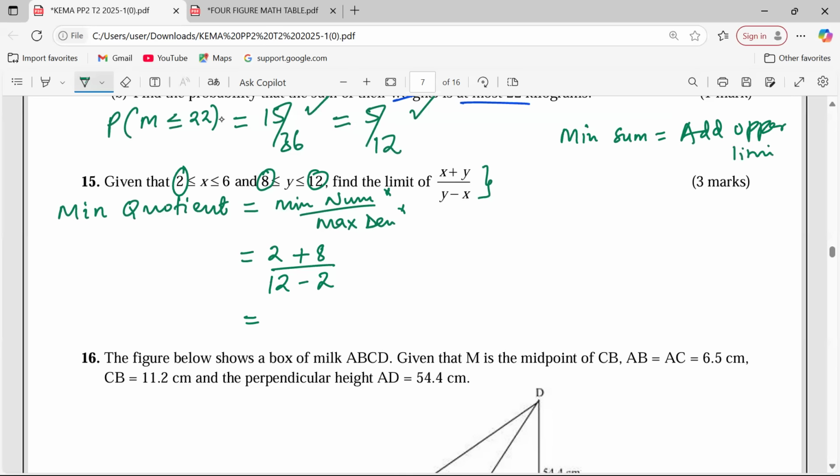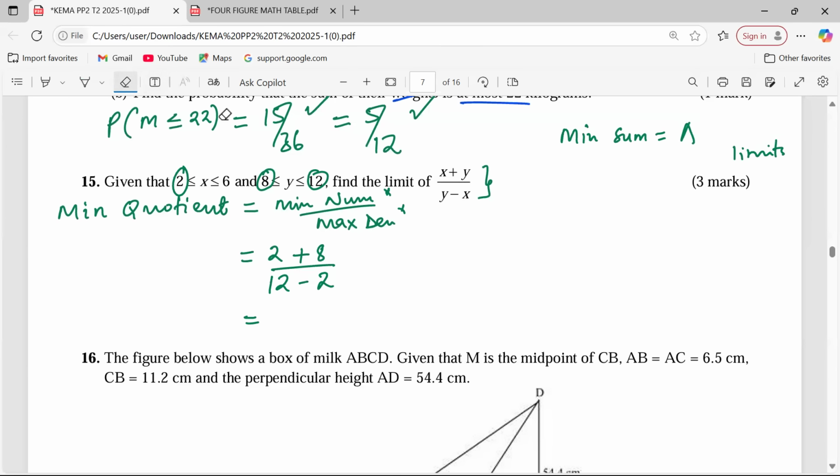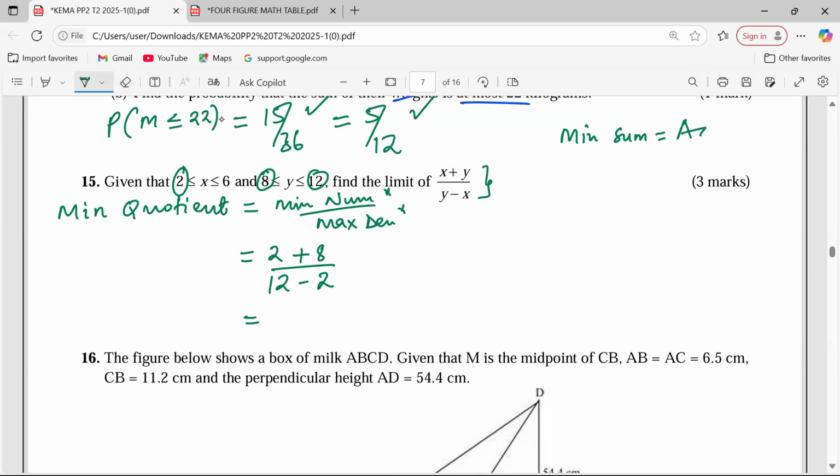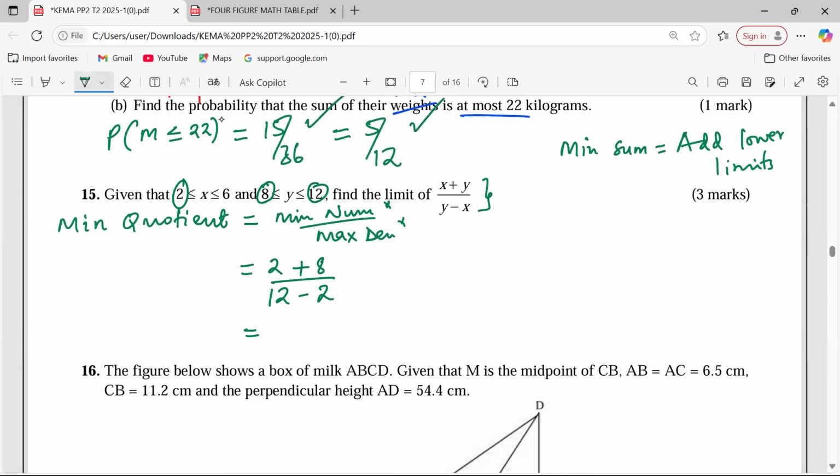We add upper limits. For us to get the minimum sum, we add lower limits, sorry. We add lower limits. That's why I took 2 and 8. I'm getting 10 from that.